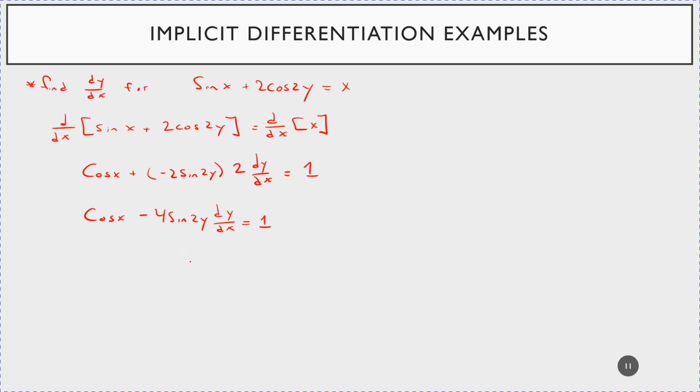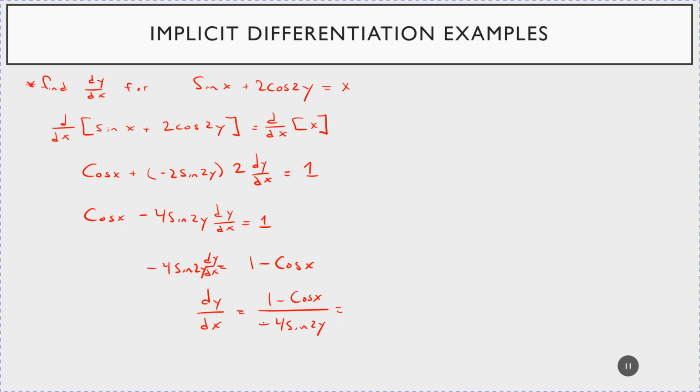Subtract the cosine over, you get minus 4 sine of 2y times dy/dx is equal to 1 minus cosine of x. I forgot the dy/dx in there, sorry. And then just divide this over. So dy/dx is equal to 1 minus cosine of x all over minus 4 sine of 2y.